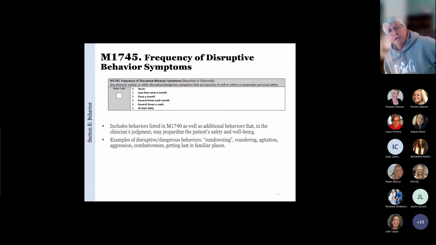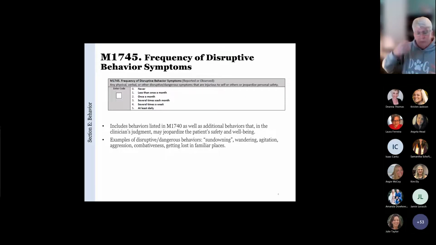M1745, the frequency of the destructive behavior symptoms. So this doesn't have to be tailing right off of M1740. This can look at those behaviors that you might have alluded to in M1740, but it's also anything else that is going on with this patient. And this says reported or observed.